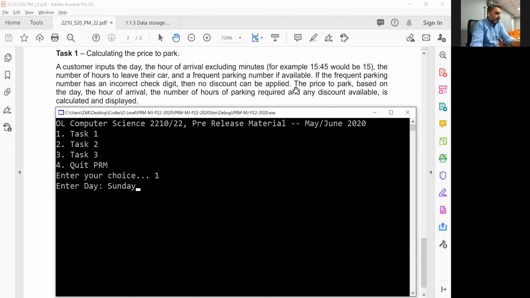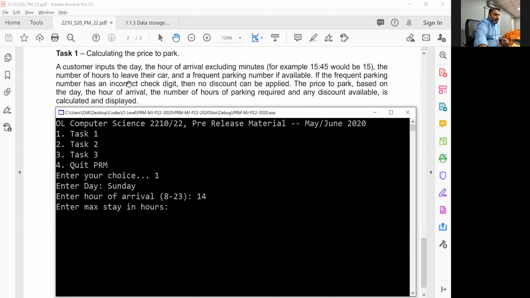A customer inputs the day and the hour of arrival, excluding minutes. So enter the hour of arrival. Let's say the customer is getting in at 1400 hours. We have not mentioned any minutes after 1400 hours, as I discussed, only hours will be taken because the hour in which you have arrived will be charged fully.